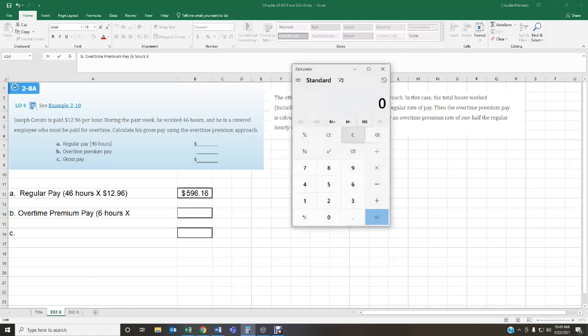So my regular hourly rate is $12.96. I'm going to multiply that by 0.5, that's 1/2 of the regular rate, and that's going to give me a rate of $6.48. So how do we do that again? You get your hourly rate of $12.96 and multiply by 1/2, that's 0.5, and that gives you your overtime premium rate of $6.48.